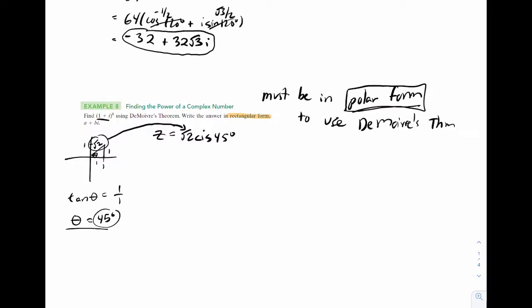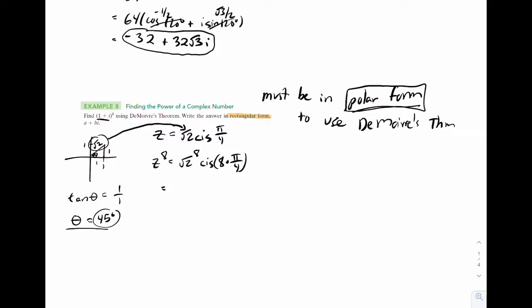Now we're going to raise it to a power. So z to the 8th must be root 2 to the 8th cis. Since you're multiplying by 8, it might be easier to think of this as pi over 4, an easy number to work with, and then 8 times pi over 4.